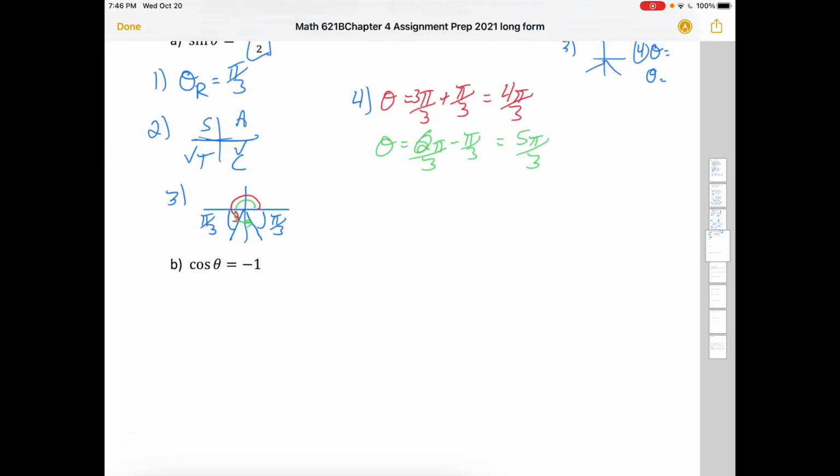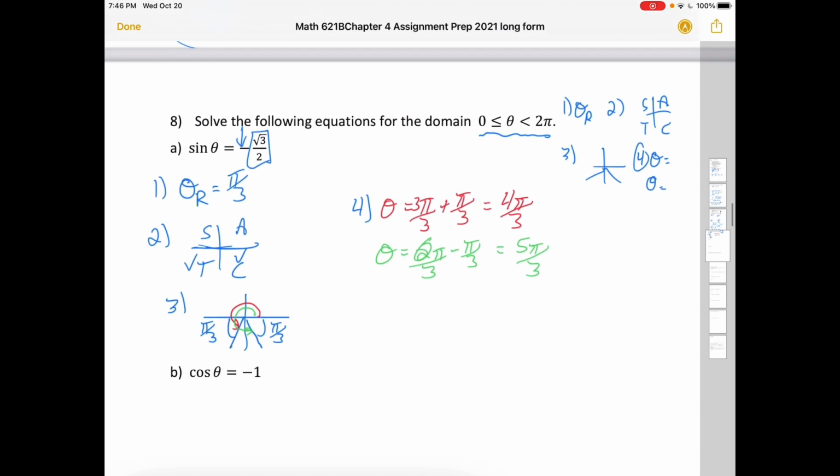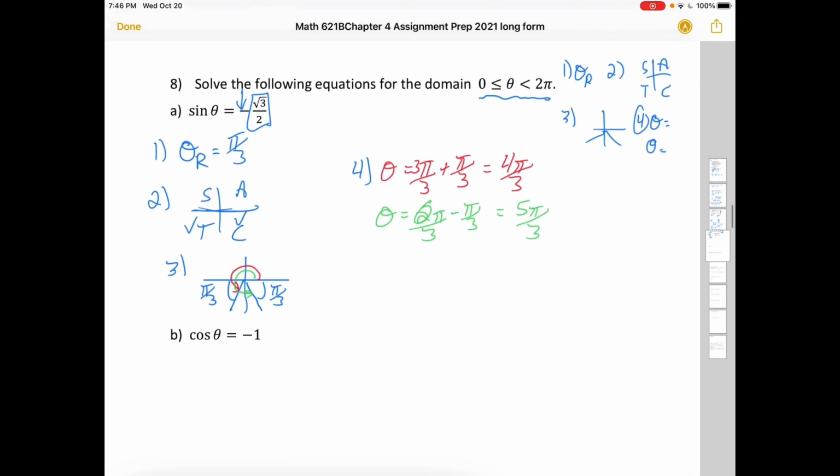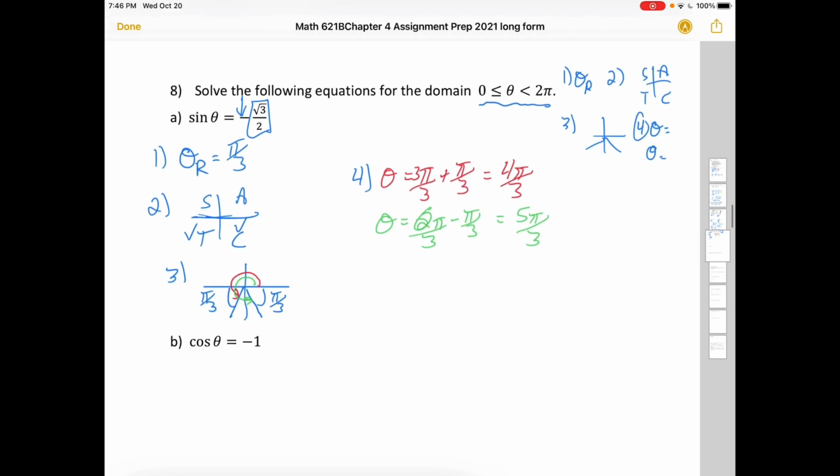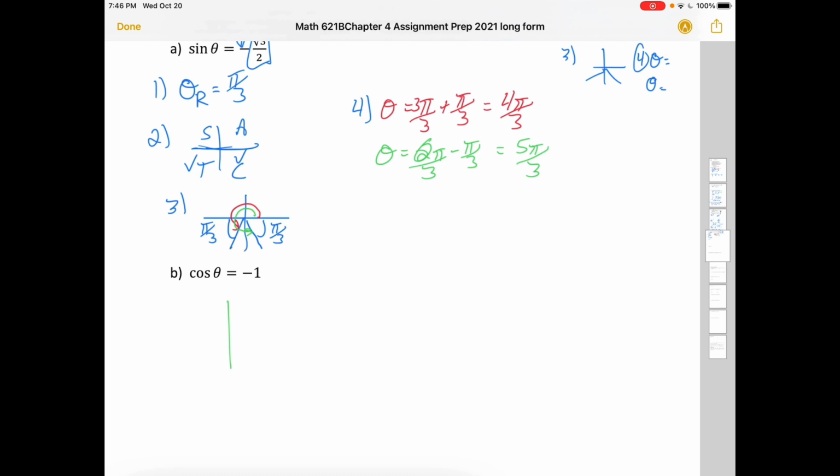If you have cosine values or sine values that are 0, 1, or -1, I recommend that you skip all these steps, because it can be hard to deal with reference angles of 0 or 90, and it can be difficult to assign quadrants. So right here, we're wondering, where is cosine -1? Let me just draw a circle.